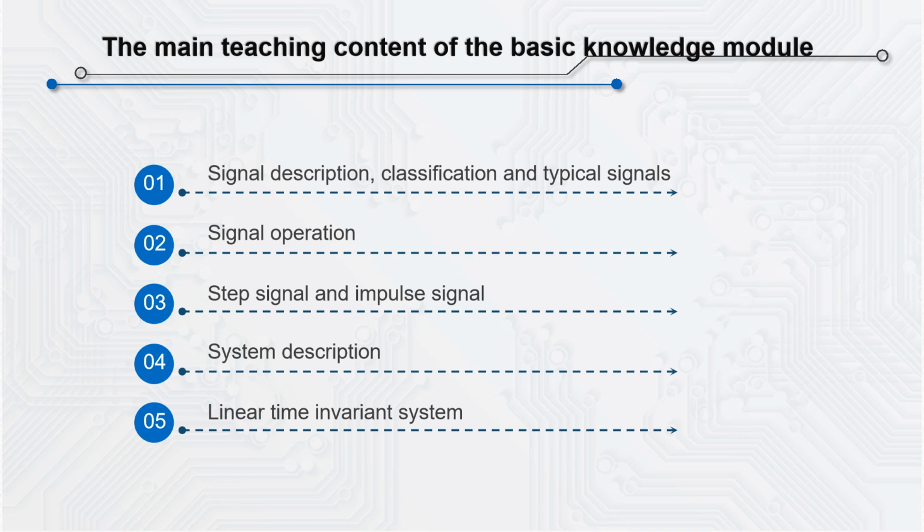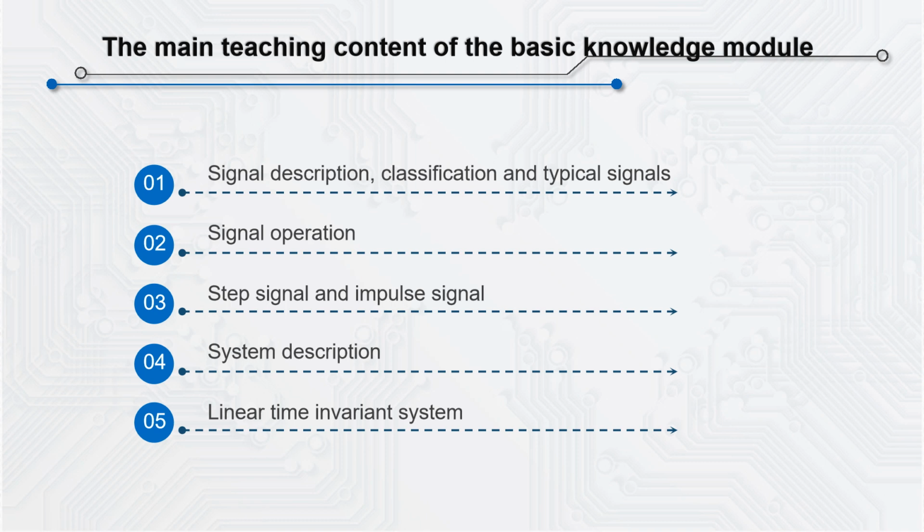Now, let's review the contents of the basic knowledge module. We mainly studied signal description and classification and typical signals. As for signal description, you should know the relationship between its mathematical expression and the corresponding waveform. We can classify signals according to their use and according to their time characteristics.